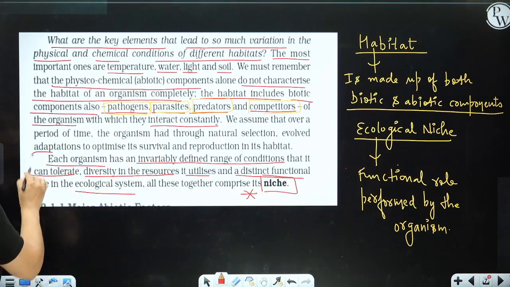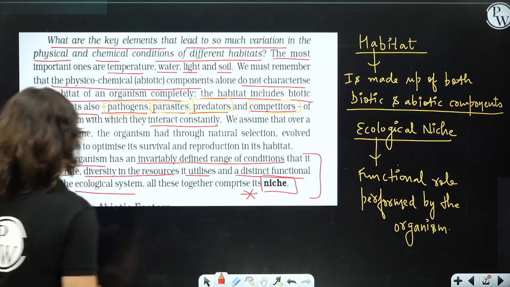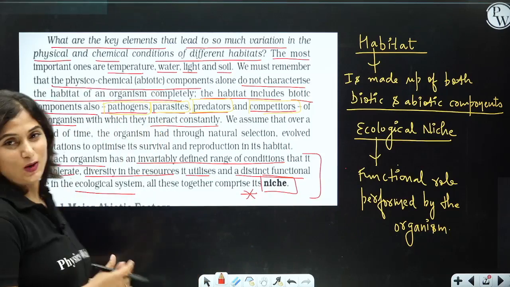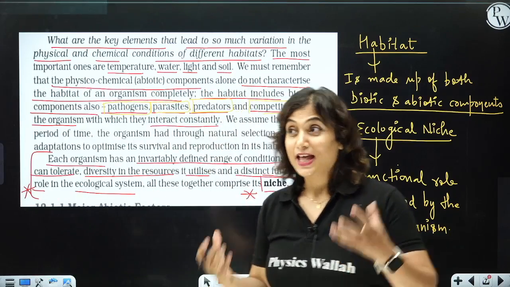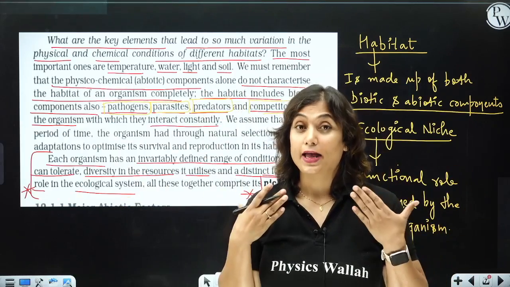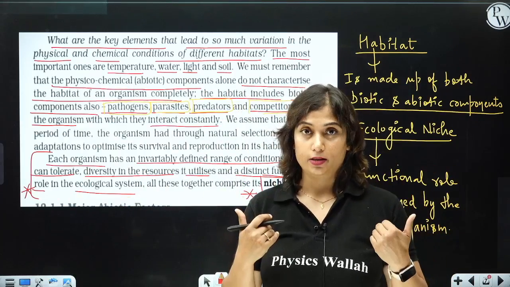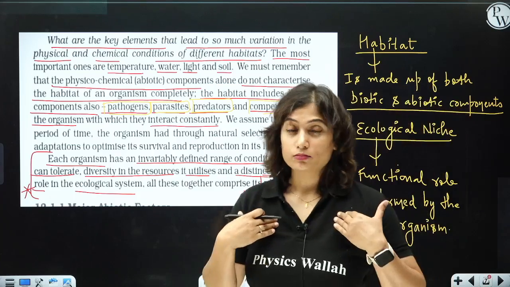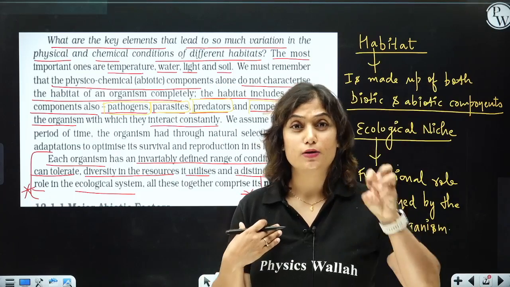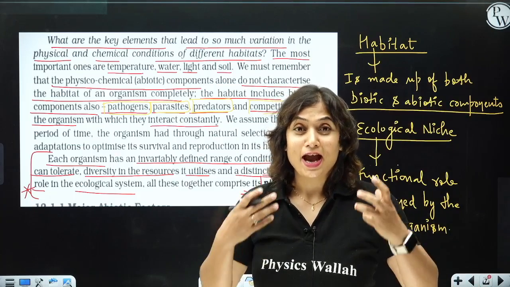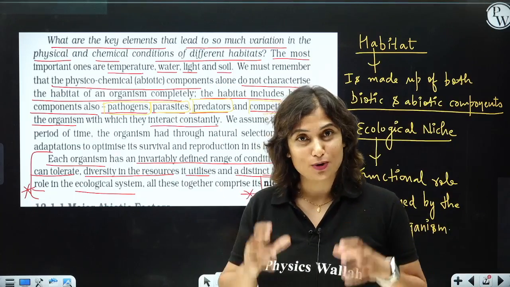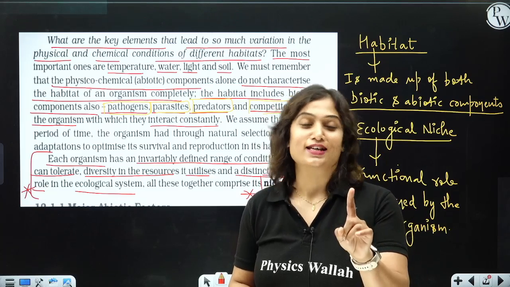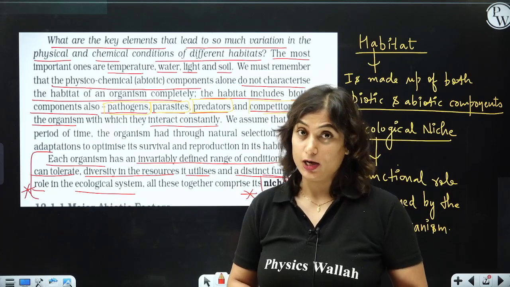So according to NCERT, how will you define an ecological niche? It is saying that all the conditions an organism can tolerate, how it is using the resources from the habitat, and what is the functional role it is performing in the habitat is the ecological niche. Are you getting my point?